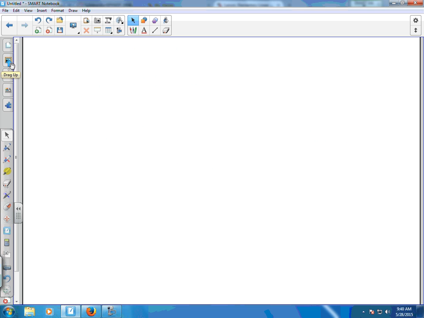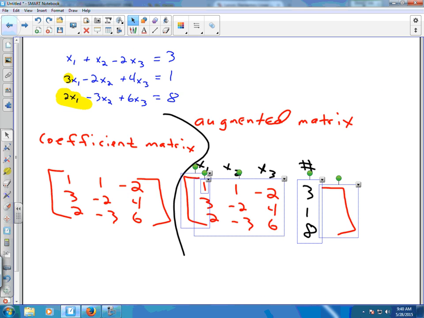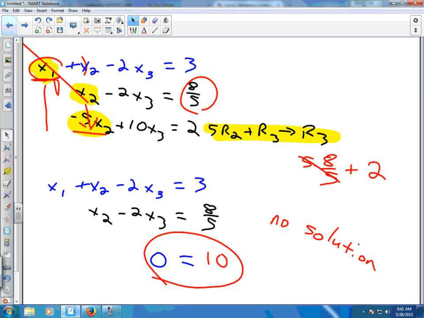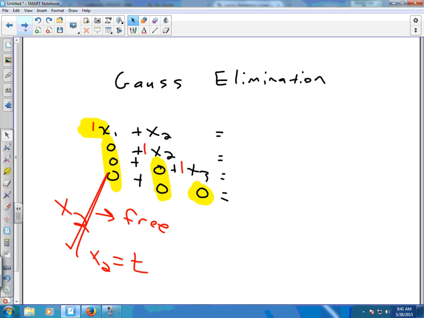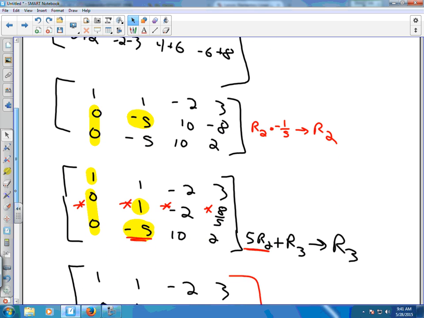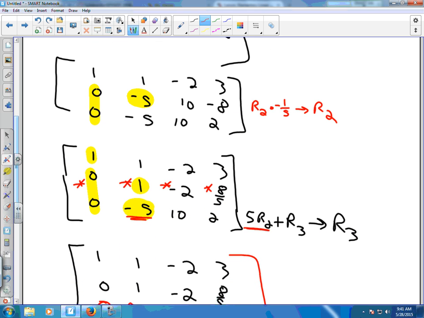So we can go back and look. Where was that already? So for example, let's look here. We could have very easily made that a 1. Multiply that row by -1/5. But if we made that a pivot, is that farther to the right than the pivot above it? No, it's in the same position.